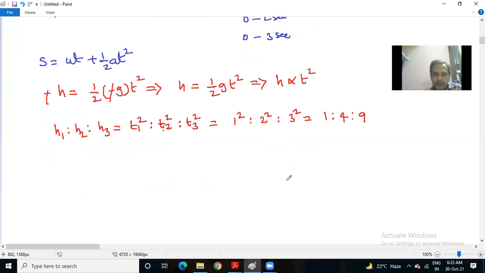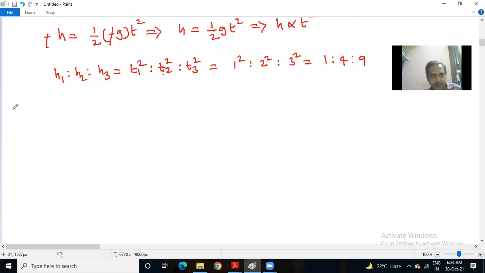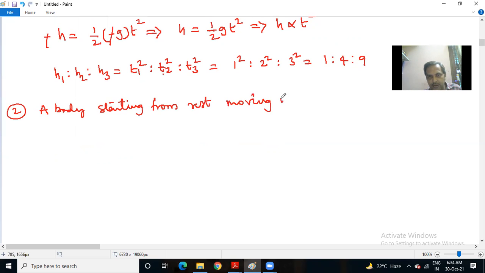There is another application to a body starting from rest, moving with uniform acceleration.